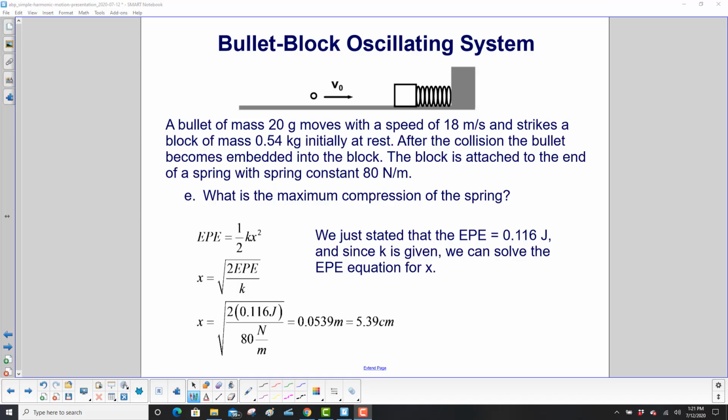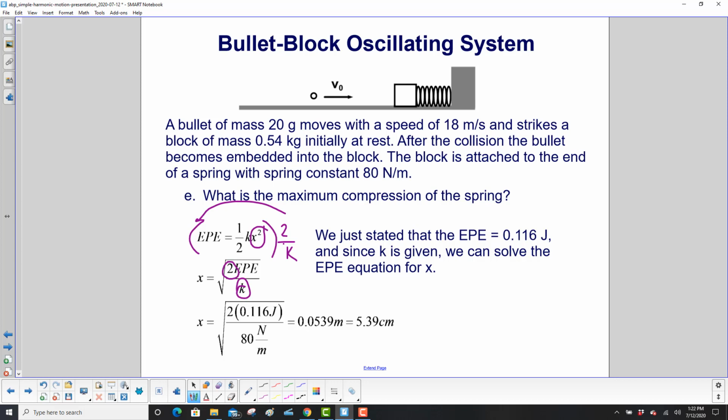What is the maximum compression of the spring? We have EPE is 1/2 kx squared. The maximum compression is going to be this x term when we use the maximum EPE. We'd like to solve for x, so multiply both sides by 2 over k times EPE. Whatever you do to the right, you have to do to the left.